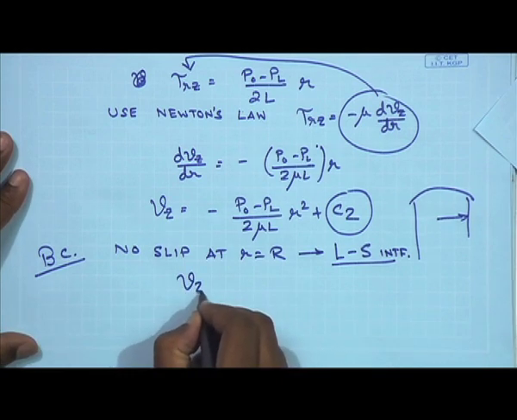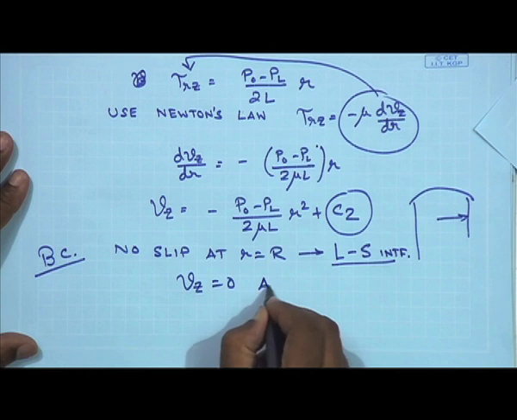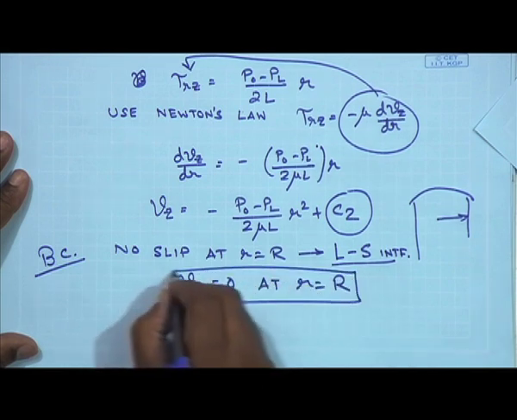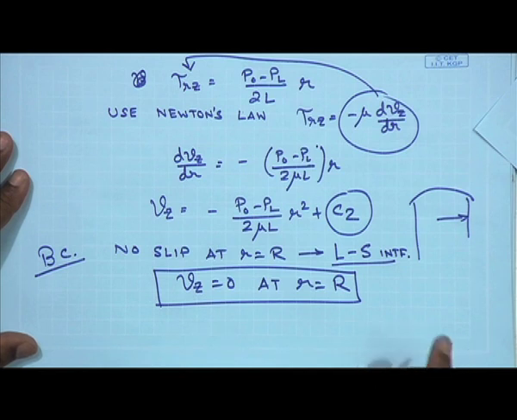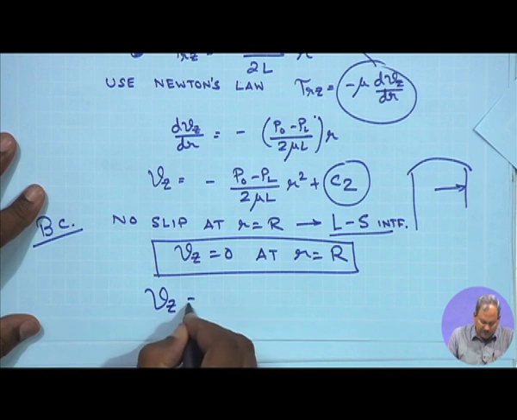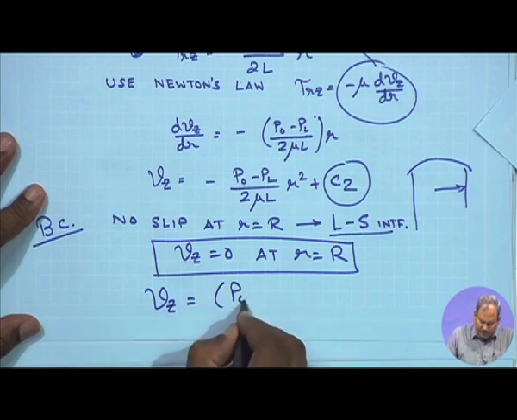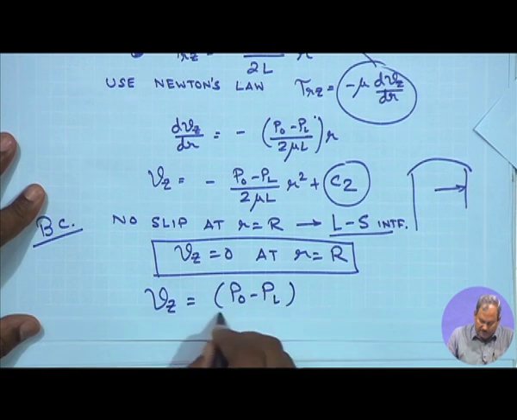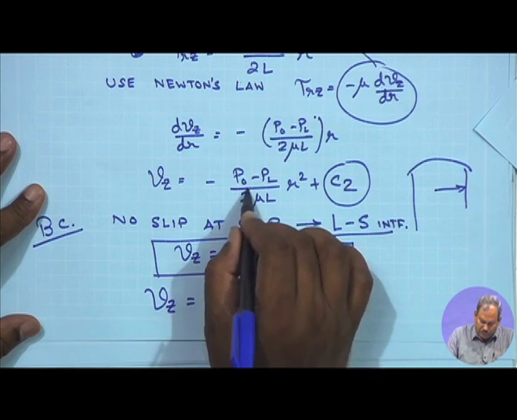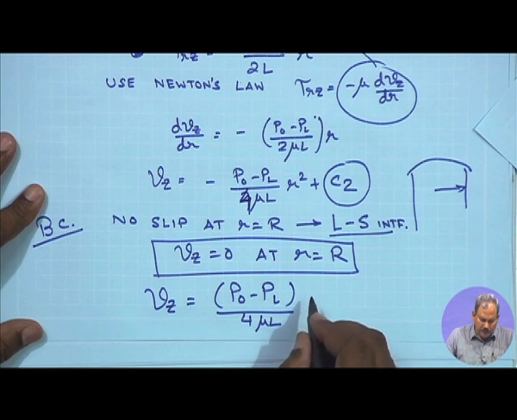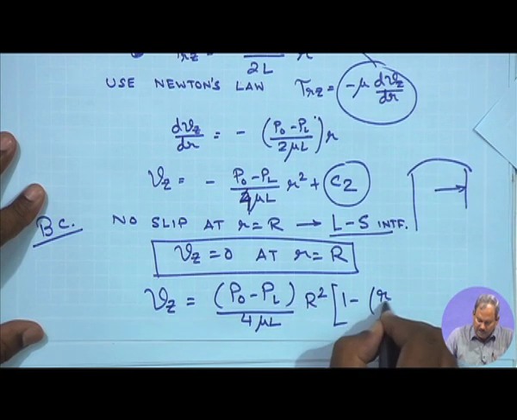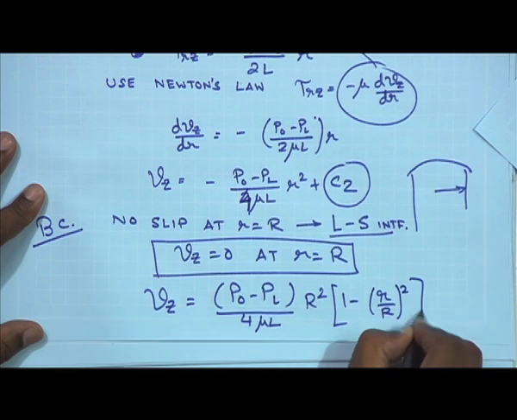So, you would have Vz equals 0 at small r equals capital R. That is the second boundary condition which one can use to obtain the final expression of velocity as Vz equals P0 minus PL by 4 mu L, in fact, 4 mu L, times R squared times 1 minus r by R whole squared.